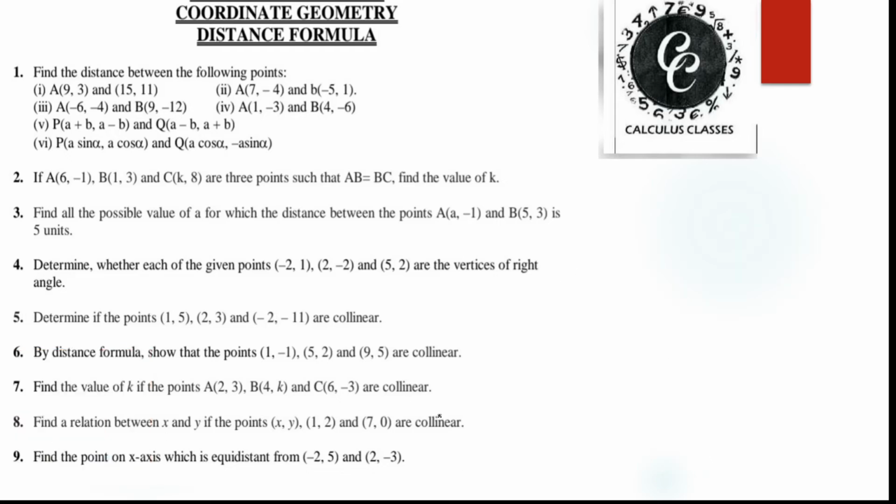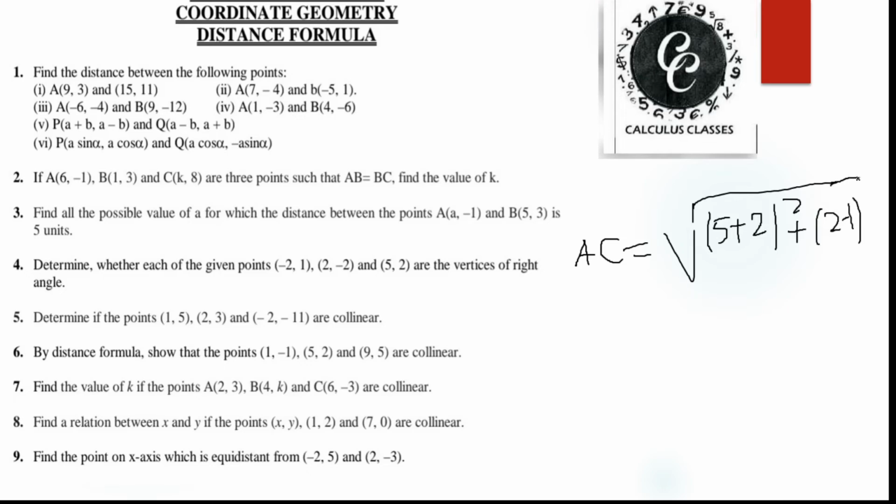After that, we'll find AC, the distance between A and C. So the distance between A and C will be in this manner. See, A is minus 2, 1, and C is 5, 2, so 5 minus 2, so plus 2 will be there, as we discussed in the two cases. So I'm writing directly here. And what will come? 2 minus 1. And it will be 49, see, 7 times 7 is 49.